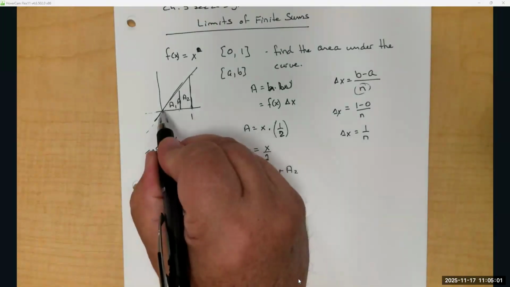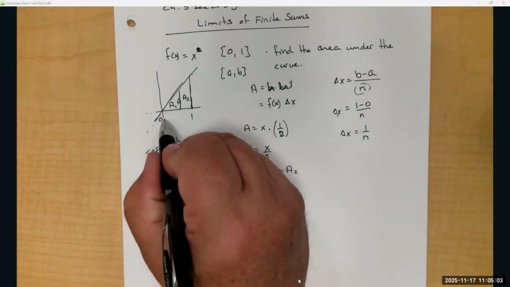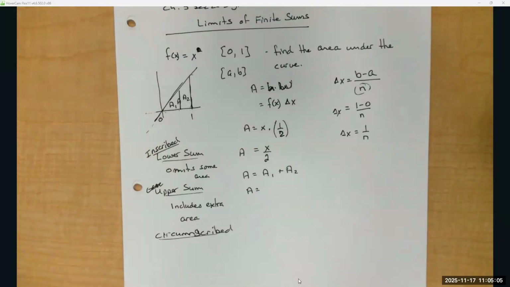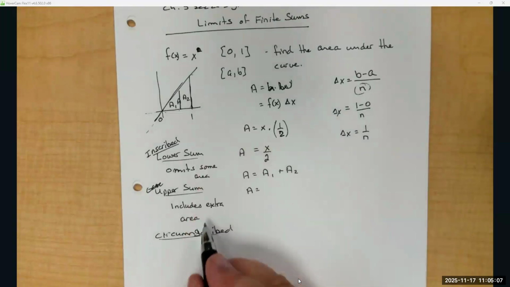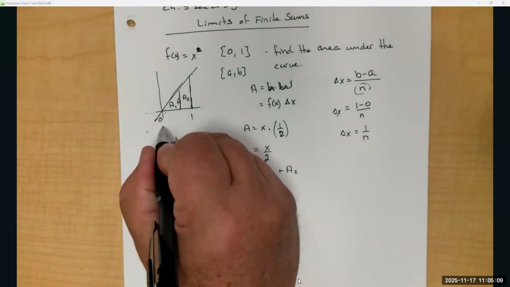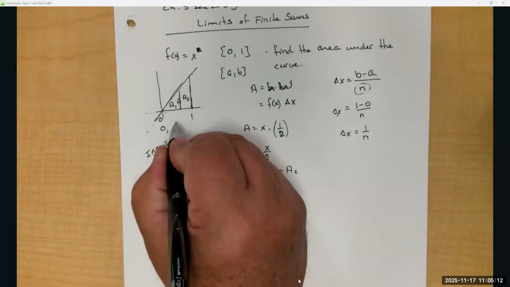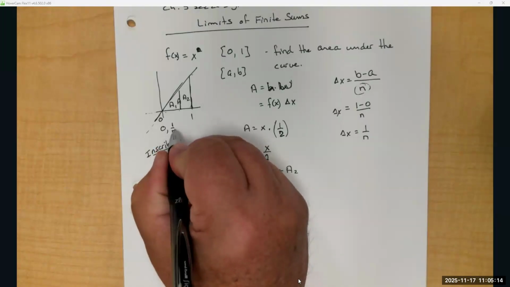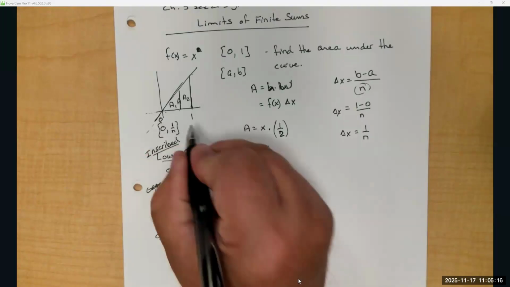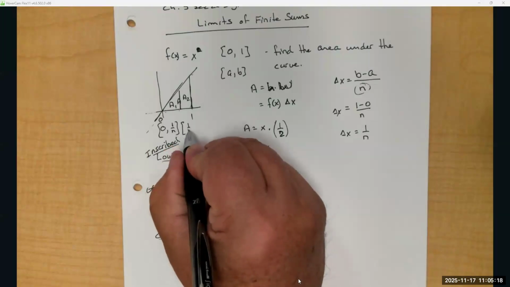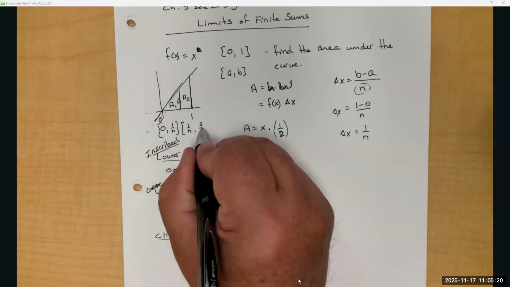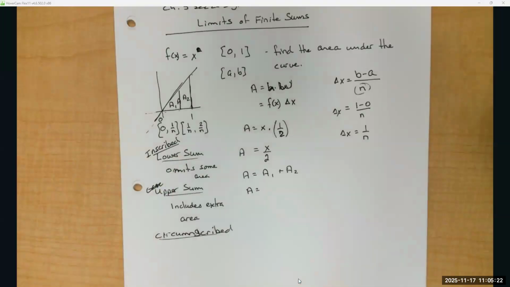So for this case, the lower sum would be the left, whether it's left side or right side, because inside each of these we have intervals. And so on and so forth.